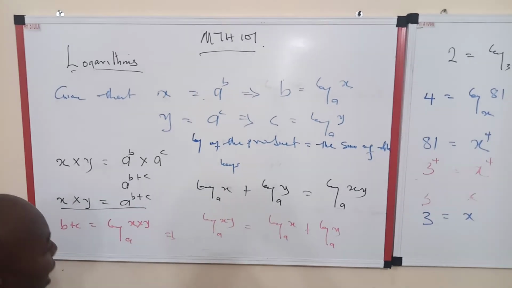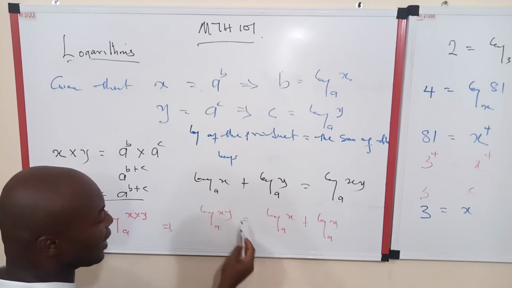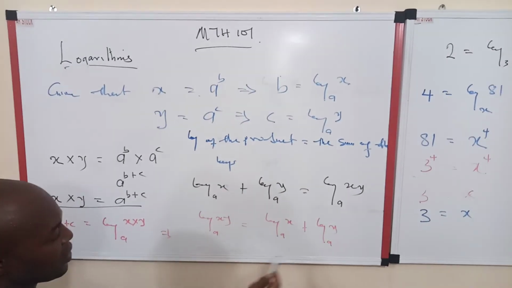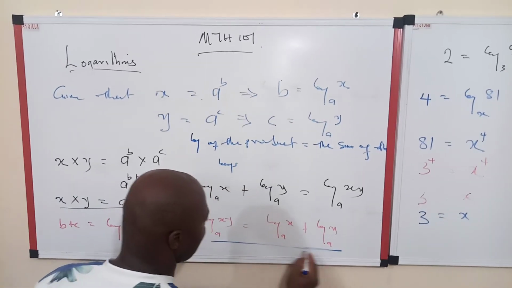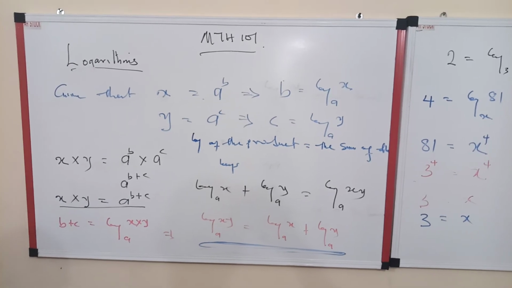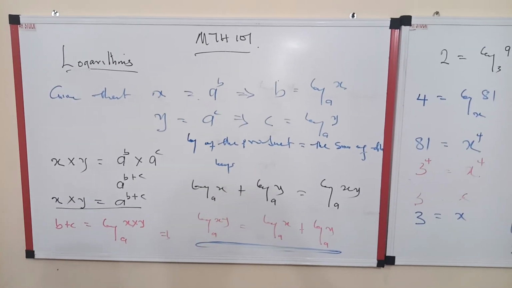So whenever you have the log of the product of two entities, you can rewrite it in terms of this, as we started from the beginning. So this is one law, and we should not forget this. It is very important as we move forward in our mathematical series that the log of the product of these is equal to the sum of their logs.